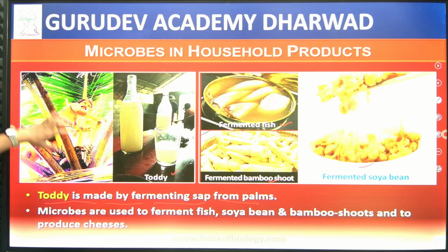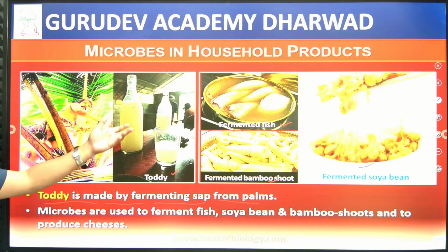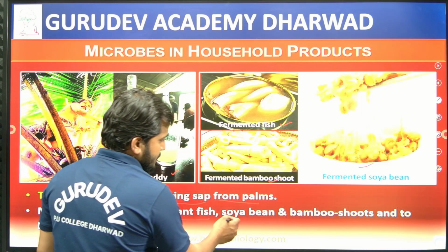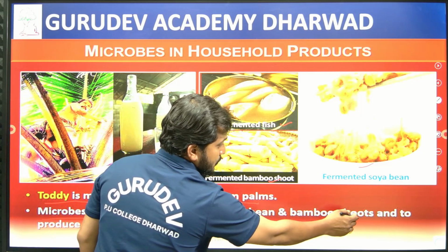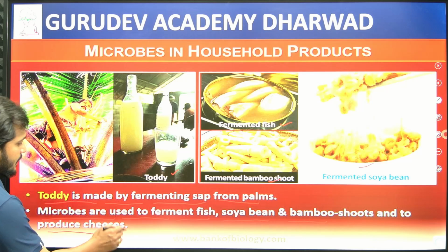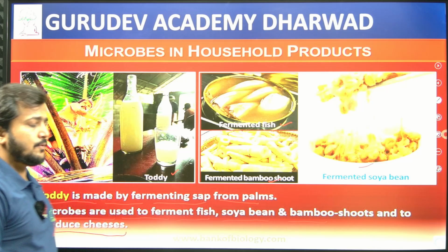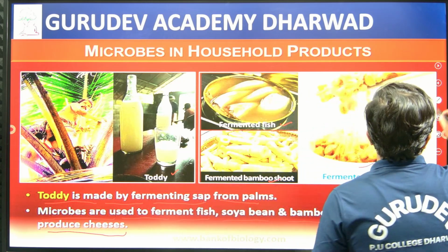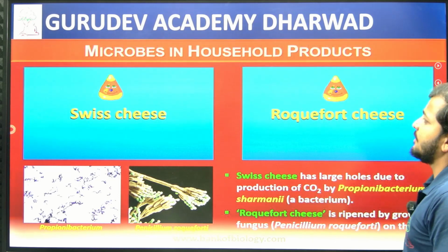From the palm tree they remove the sap and it undergoes fermentation activity. Microbes are used to ferment the fish, soya bean and bamboo shoots, and also to produce cheese. For the production of cheese also we use microbes, which carry out fermentation.